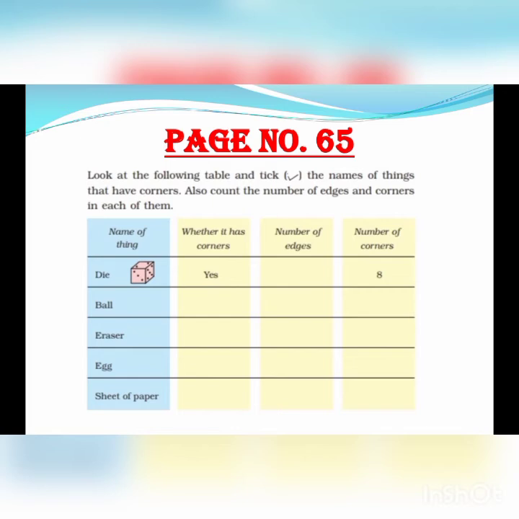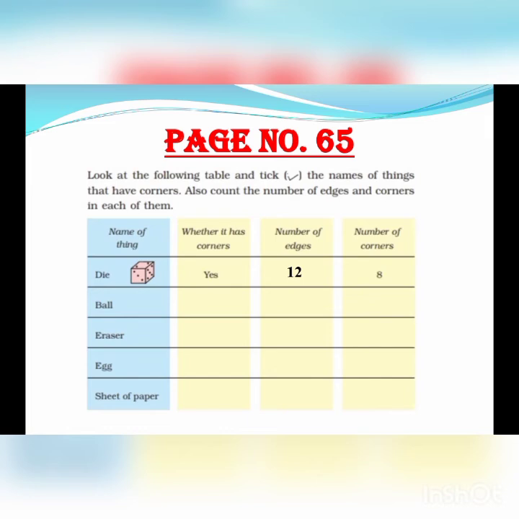Die is an example of a cube, and you know that a cube has only straight edges. So we can say yes, it has corners. Now, as we discussed earlier, a cube has 12 edges and 8 corners. So we will write 12 edges and 8 corners.